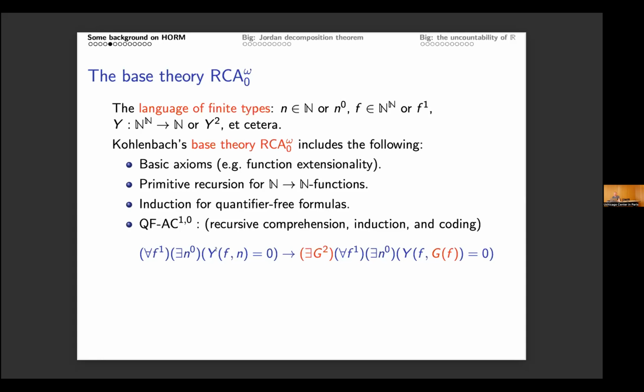Well, any type 2 object. So Y is already a type 2 object, and the axiom is asserting the existence of another type 2 object. Exactly. Does exist appear in the conclusion of it? Exactly. So imagine F is the input of your code, N is the output of your code, then G.